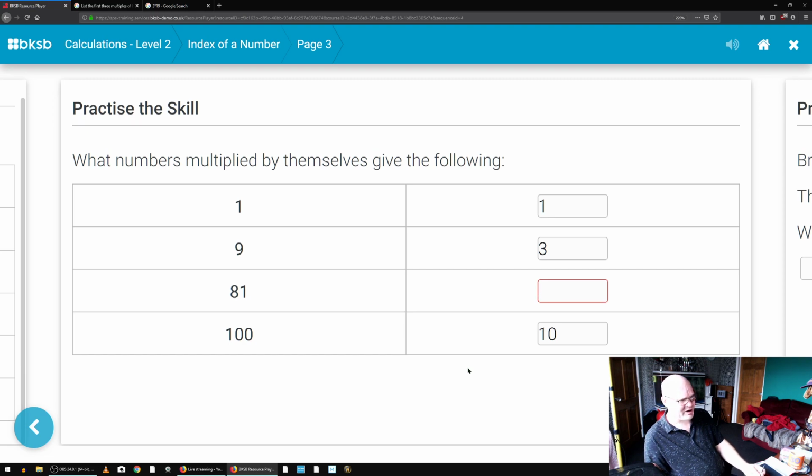What could be 81? Timesing it by itself, like 9. Oh, it's a smaller number, like 3 by 3 is 9. It's hard to remember, isn't it? So it has to be a cubed number. So you get 81. How can you get a cube?